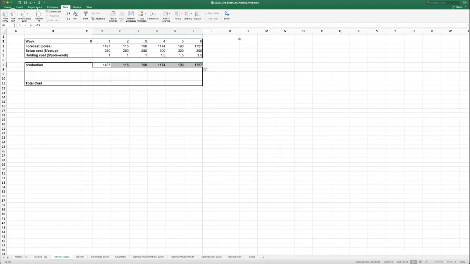And remember that this is something we are doing for lot for lot. The next thing we need to do is the inventory on hand. Now, you don't really have to do the calculation in this case because you know the inventory will be 0. But just for the sake of learning how to enter the formula, we'll do it.